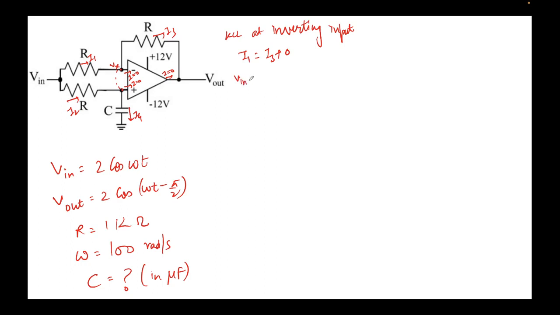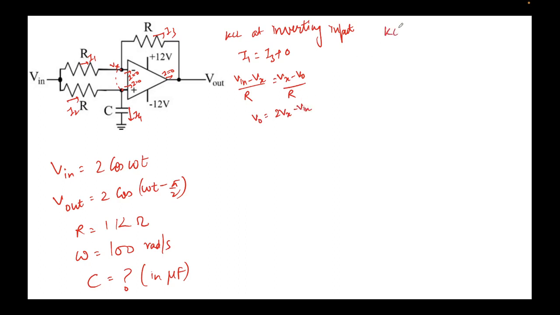So (Vin minus Vx) upon the value of this resistor R, equal to I3, Ohm's law across this resistor, which will be (Vx minus V0, V out) upon R. Very good. Let me just simplify this. So it will be V0 equal to 2Vx minus Vin.